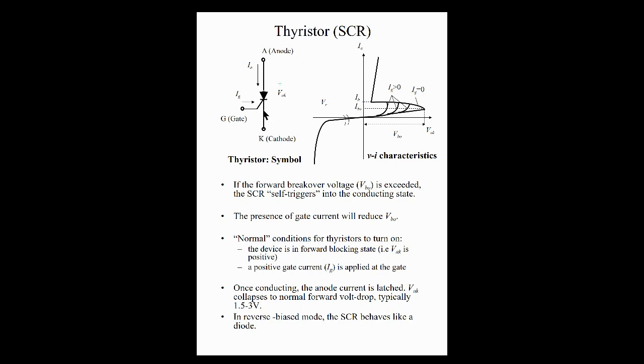So if you look at the curve, it looks very much similar to the diode. The only difference is with this type of device, we can turn it on at different points. Now, we have our breakover voltage, right? So once it's exceeded, the device goes into conduction state.